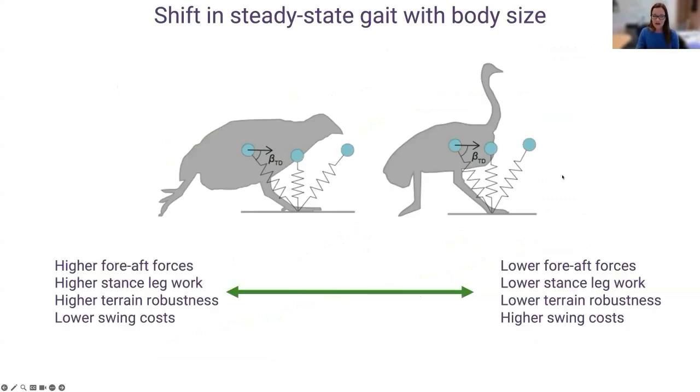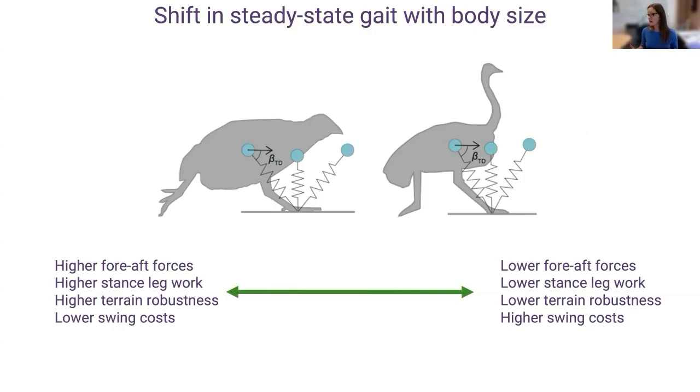So if you do this, you find you can simulate mass spring dynamics. I'm not going to show that in detail, but qualitatively the comparison shows that small animals have relatively higher fore-aft forces because they take longer stance phases, so they have a more compliant gait with a longer stance duration. They have higher stance leg work if you consider the work that's loaded into the spring through the compression of the spring.